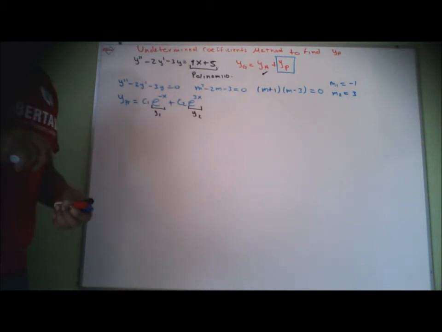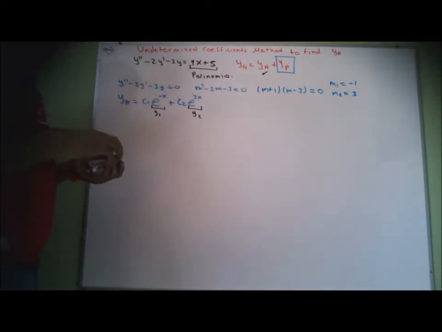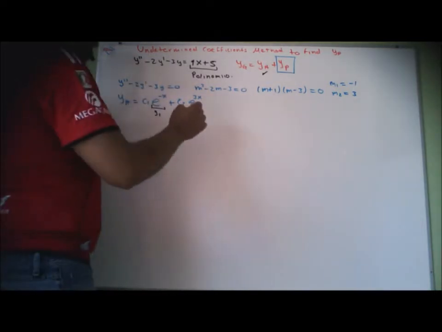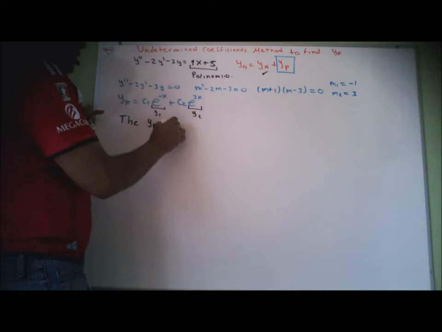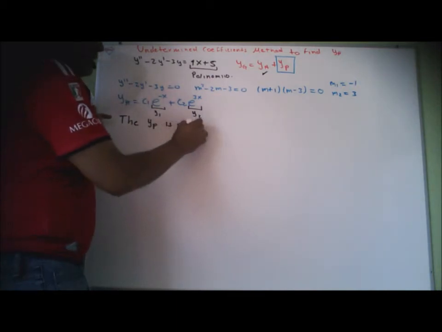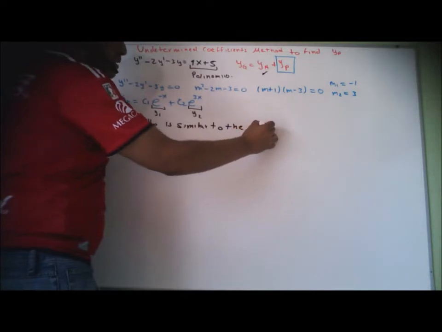Now, this method says that the particular solution should be something similar to q of x. So let me write that here. The particular solution, the yp, is similar to the q of x.